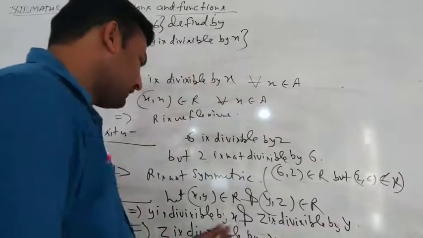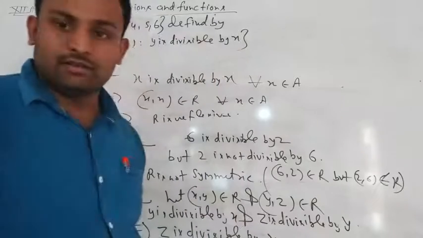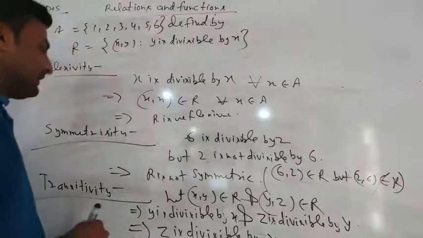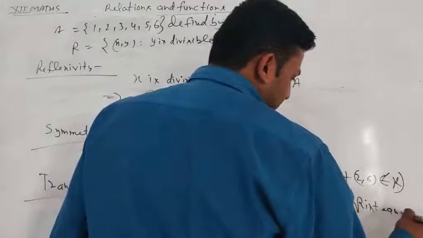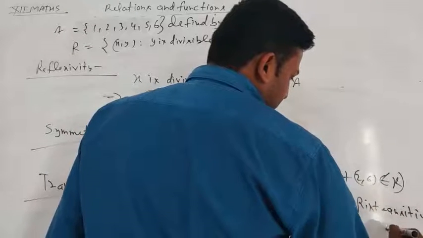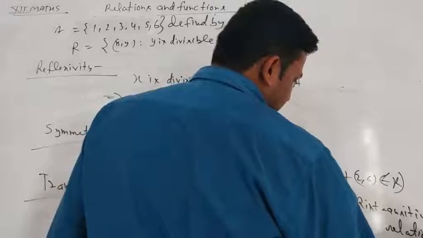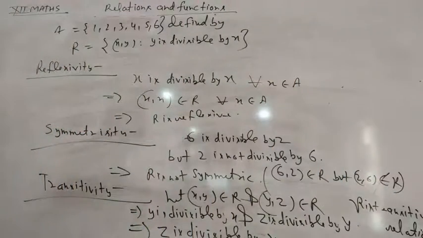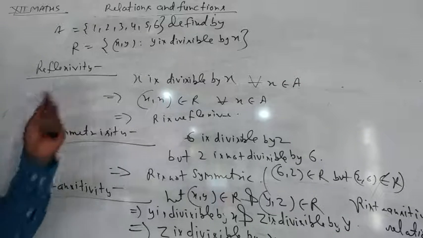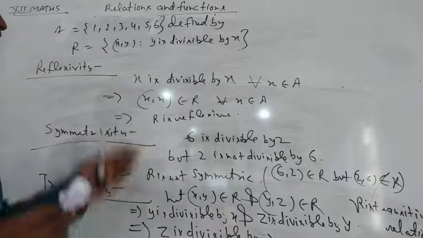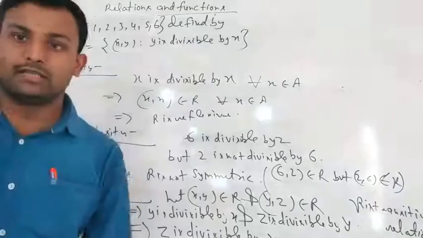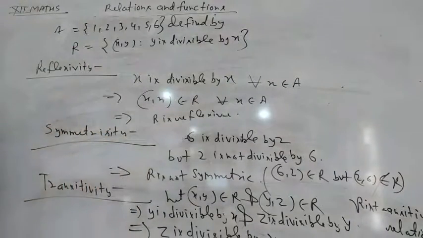Then z is divisible by x. So if we take any elements where y is divisible by x and z is divisible by y, then z is divisible by x. So we can say that our R is a transitive relation. Okay, students, so in this way we can check the reflexivity, symmetricity and transitivity of a relation defined on a given set. I hope you understand.